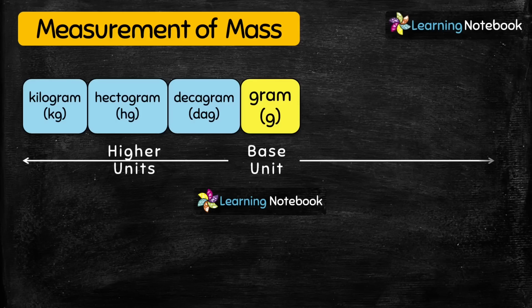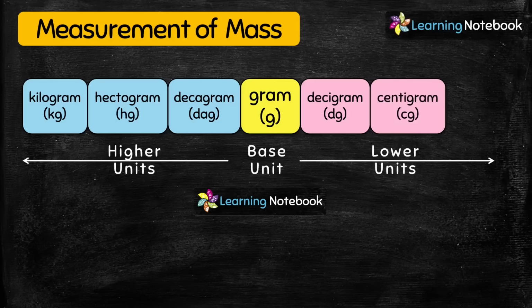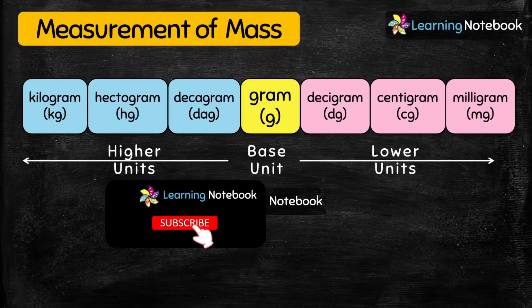Now let's see the lower units. First is decigram, denoted by DG. Next is centigram, denoted by CG. And the last one is milligram, denoted by mg.